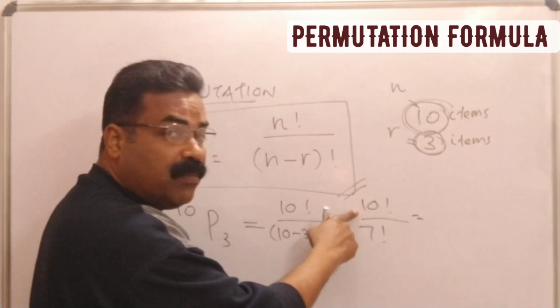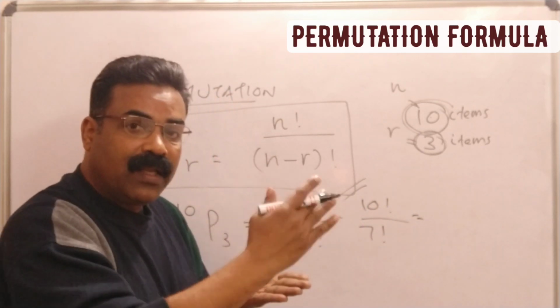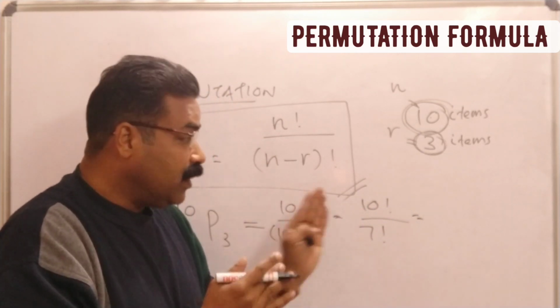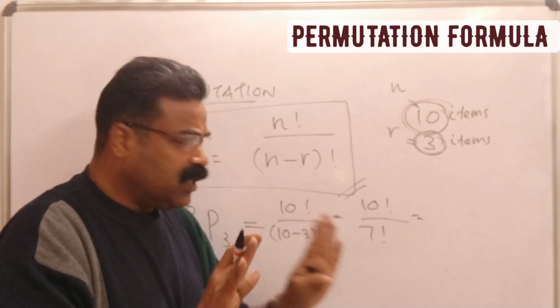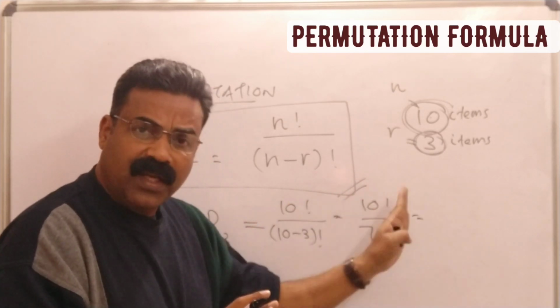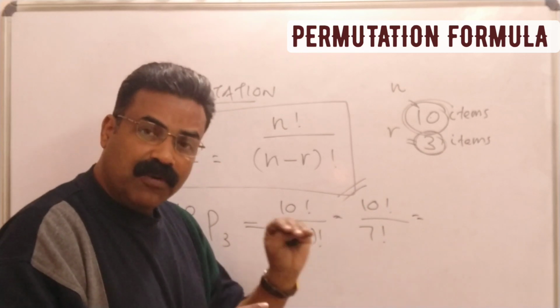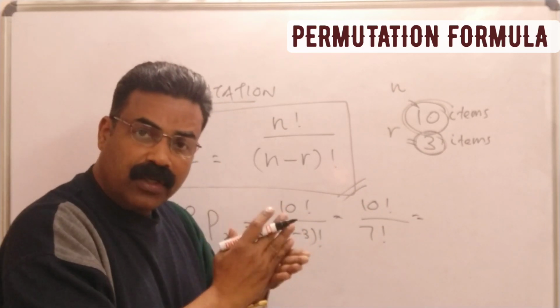Now you remember what is factorial notation. It is easy for you to find out this answer. We know 10 factorial means what? All numbers from 1 to 10 you have to multiply. 7 factorial means we have to multiply all numbers from 1 to 7.